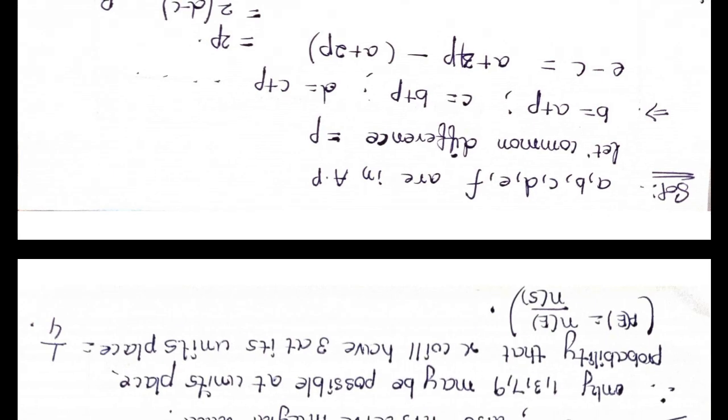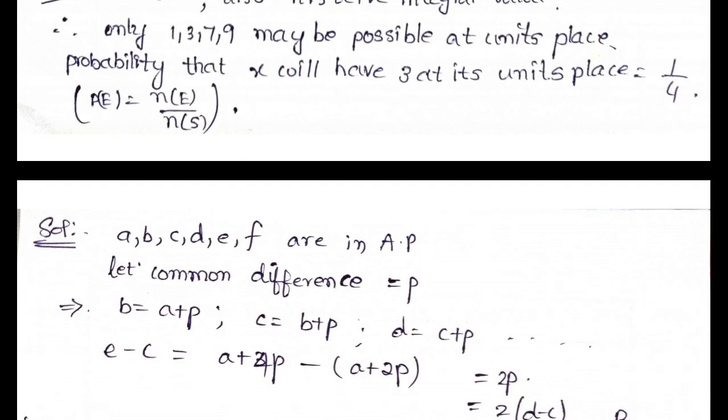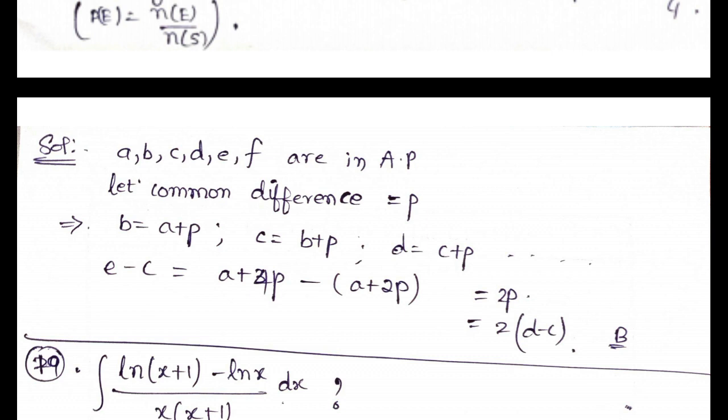While taking these terms, we consider the common difference to be P. Now B equals A plus P and C equals B plus P, and this is the trend of an arithmetic progression series. Now we are asked to calculate the term E minus C. It's a very easy question from basic knowledge.